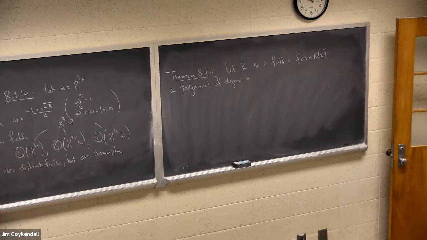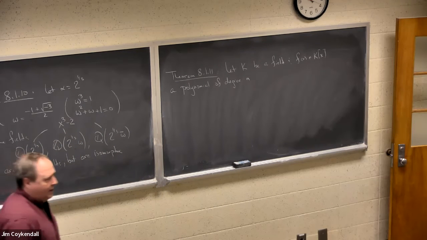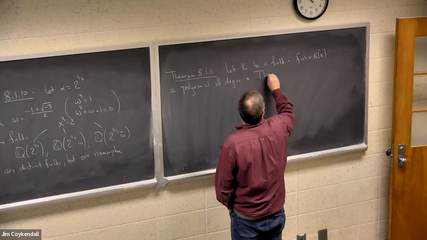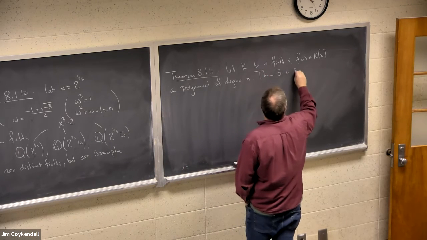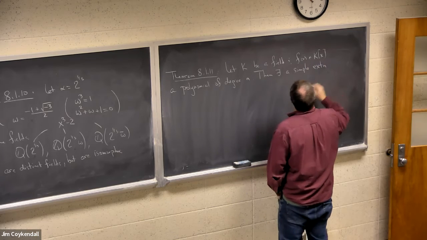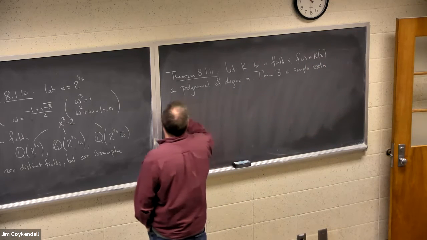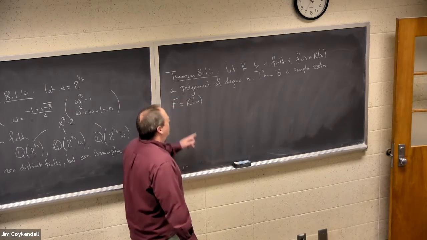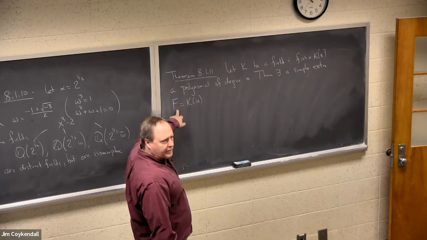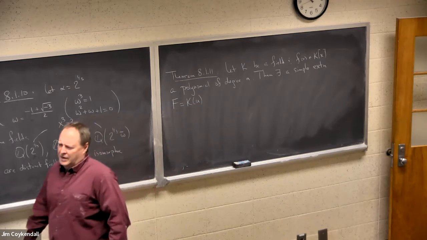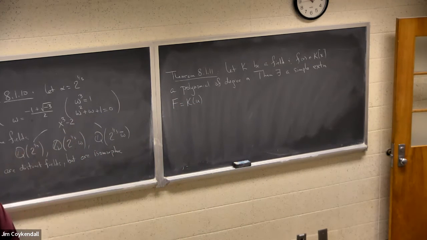Then there is a simple extension of K, so this extension is obtained by taking K and sticking some other element of an extension field on it, such that the following hold.